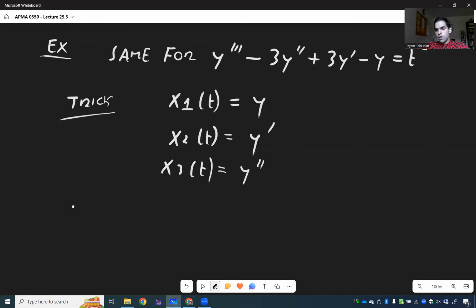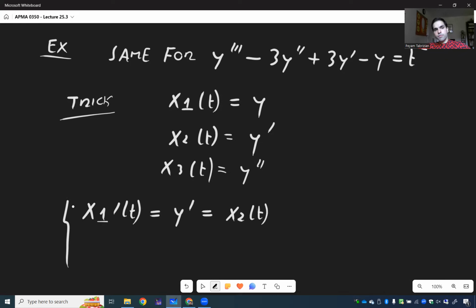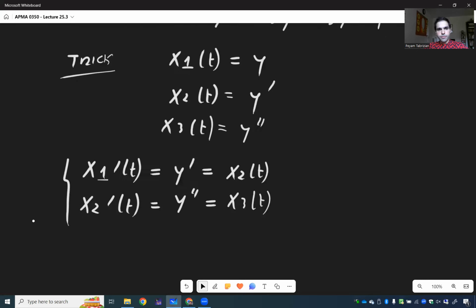And then what we end up getting, x1 prime becomes y prime, so that's x2. x2 prime, that is y double prime, which is x3. And x3 prime, that's y triple prime.